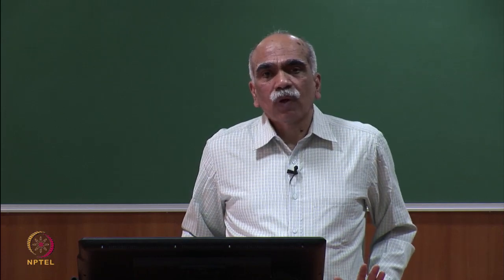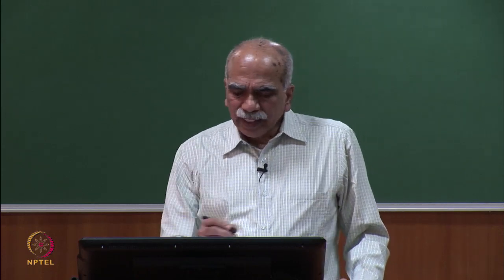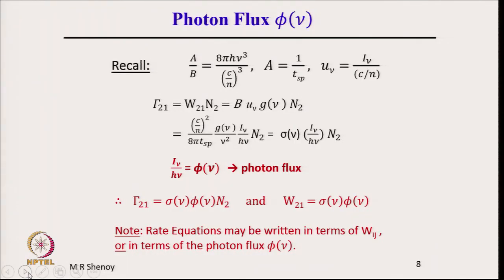Recall that we had the relation between Einstein coefficients, A by B is equal to 8 pi h nu cubed divided by (c by n) cubed, and A is equal to 1 divided by T_sp, the spontaneous emission lifetime, and u nu, the energy density at the frequency nu, is equal to the intensity I nu divided by c by n.